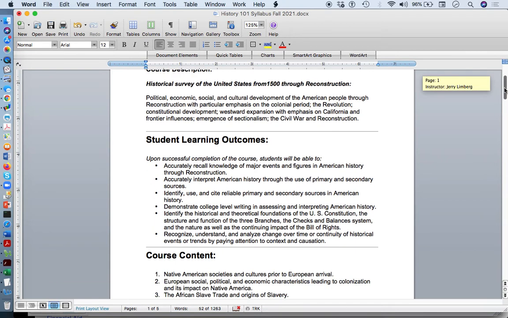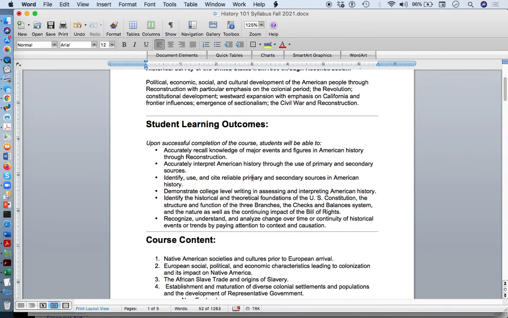Here are your student learning outcomes. Student learning outcomes is just another way of saying objectives. It is what I want you to learn from the course. The first student learning outcome is to accurately recall knowledge of major events and figures in American history through Reconstruction.